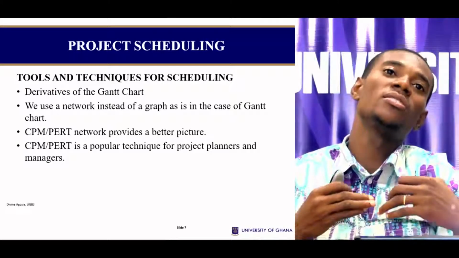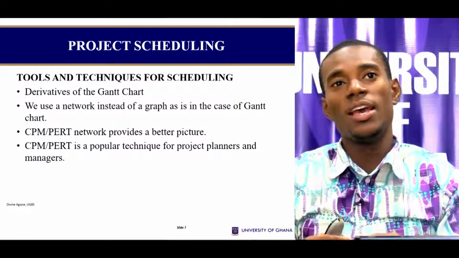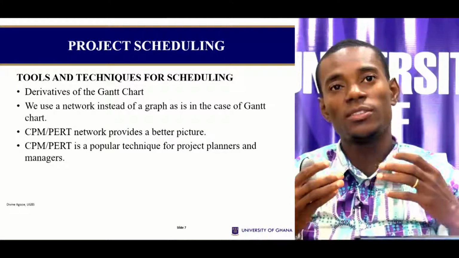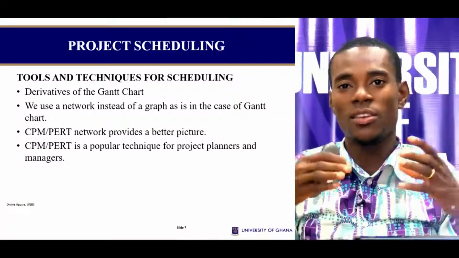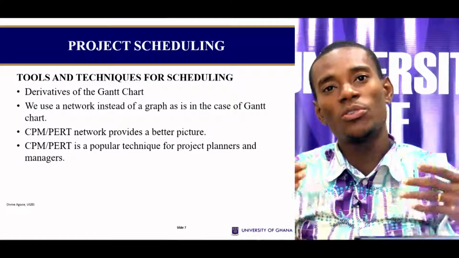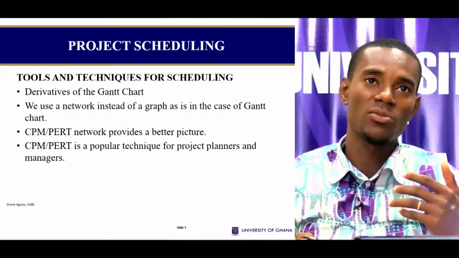The good thing is these techniques are visualization tools, and they help us to visually see how each activity in the project relates with each other, which we call the precedence relationship.